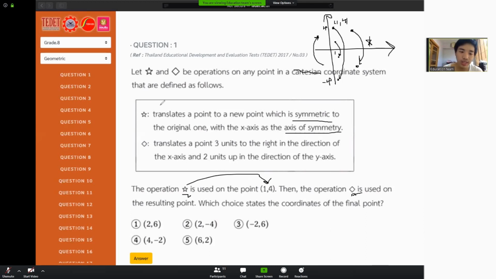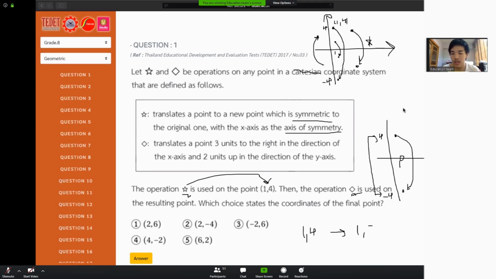So when they say this, it's essentially a reflection across the x-axis. If I reflect the point (1,4) across the x-axis, it should go down to (1,-4). The x coordinate stays the same, and the y coordinate flips from 4 to -4. So from (1,4), we go to (1,-4).